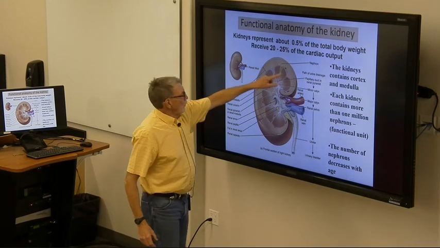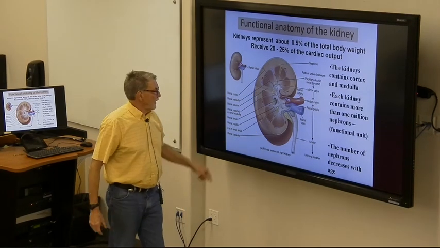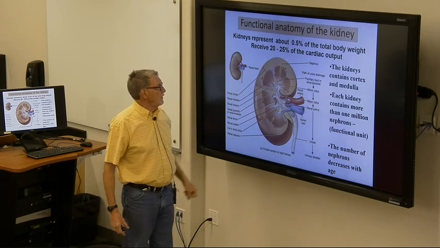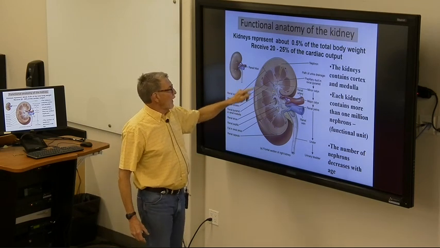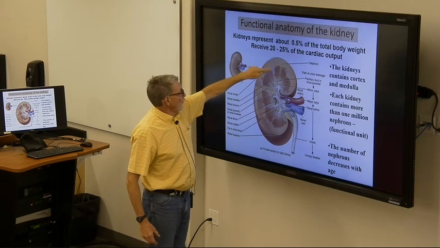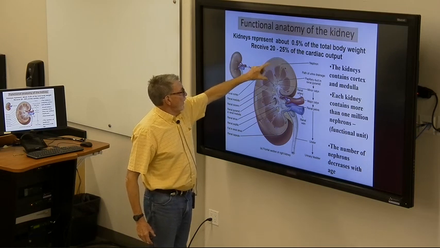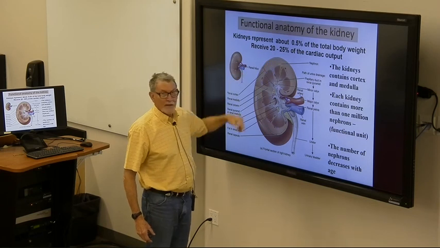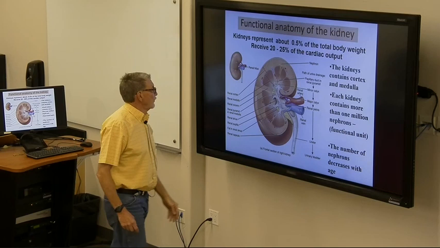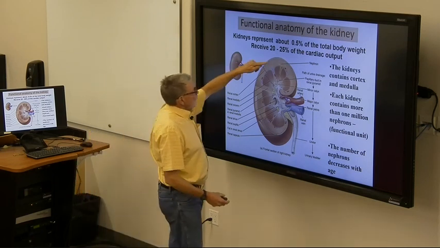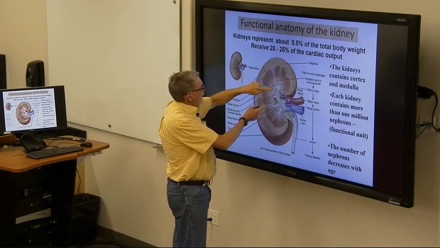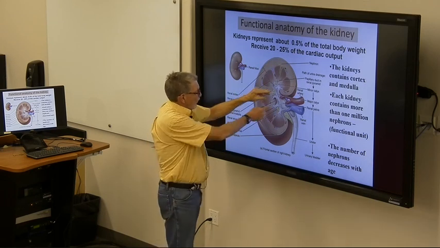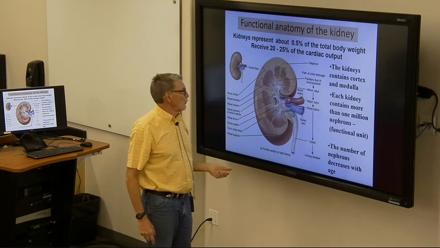Anatomy, the renal cortex, the renal medulla, which has these pyramid-shaped things in it. You have your nephrons. You have cortical nephrons and medullary nephrons. They do the same thing, except these guys are longer and these guys are shorter so that they fit in where they're supposed to fit. These nephrons dump into the renal pelvis here, which is the collecting area for all of the urine that's been produced.